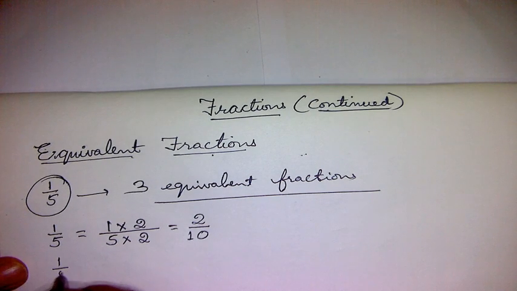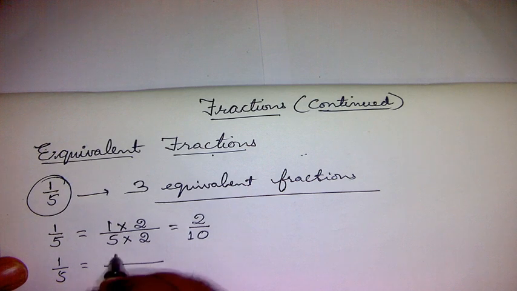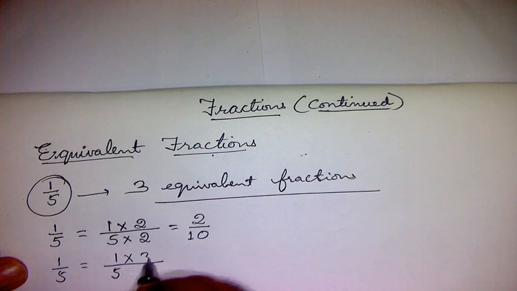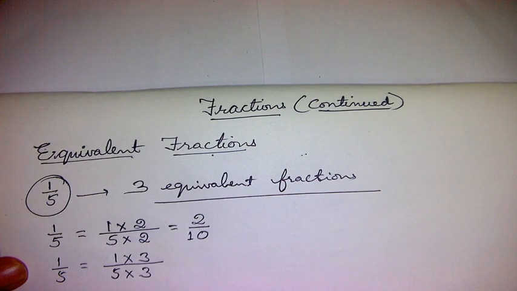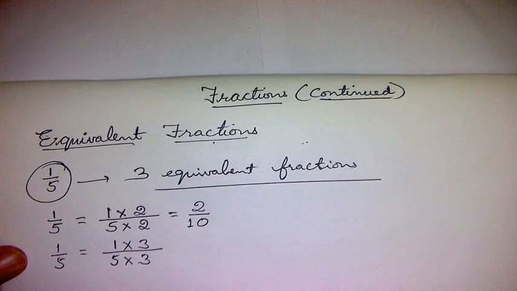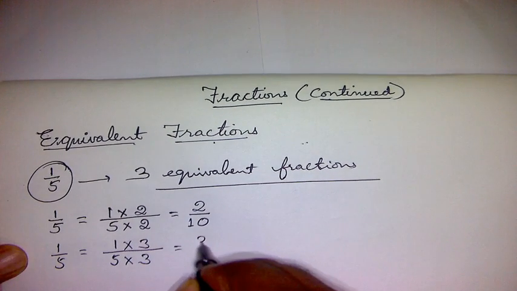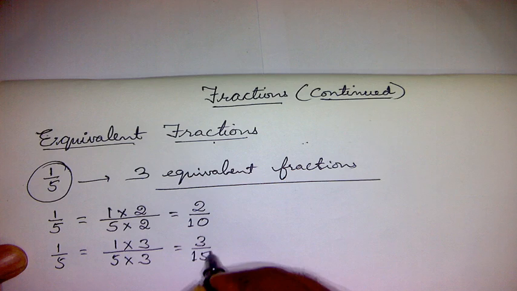Similarly, if you multiply the numerator and denominator by 3, what do you get? You get 3 upon 15.